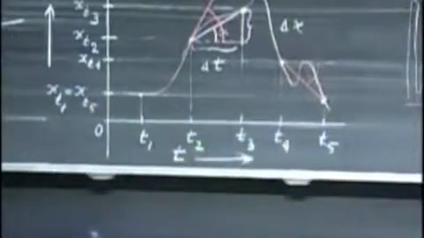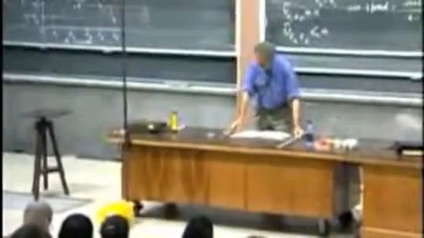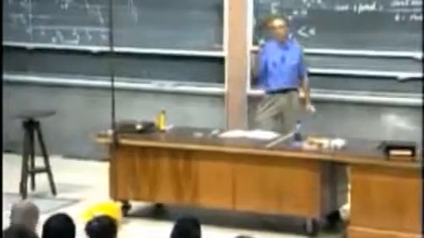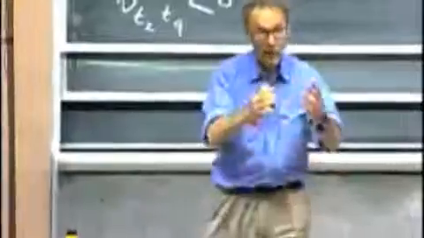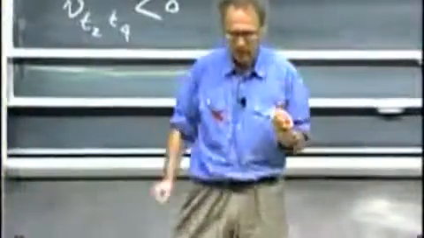And now you will understand how we define the instantaneous velocity at time t, which is different from an average velocity between two time intervals.